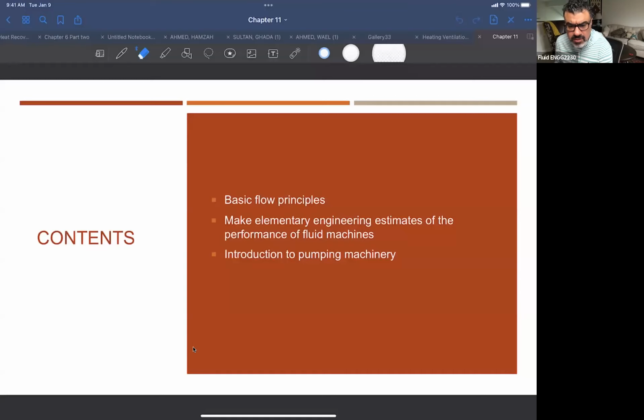So you can imagine that what we are presenting in this lecture is an introduction to these principles, which is fine at this stage of the fluid mechanics course. We're going to talk about some basic principles and some basic elementary engineering estimates for the performance of these fluid machines, and talk briefly about pump machinery, which is the minimum knowledge an engineer needs to know.